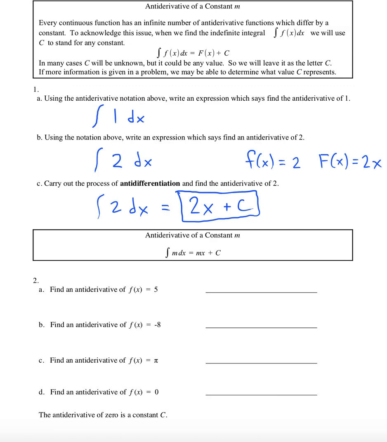All right, so the general rule for the antiderivative of a constant m is to make it into mx plus c. We want to use that general rule to answer the rest of the questions here. Find an antiderivative of 5 using the rule above.